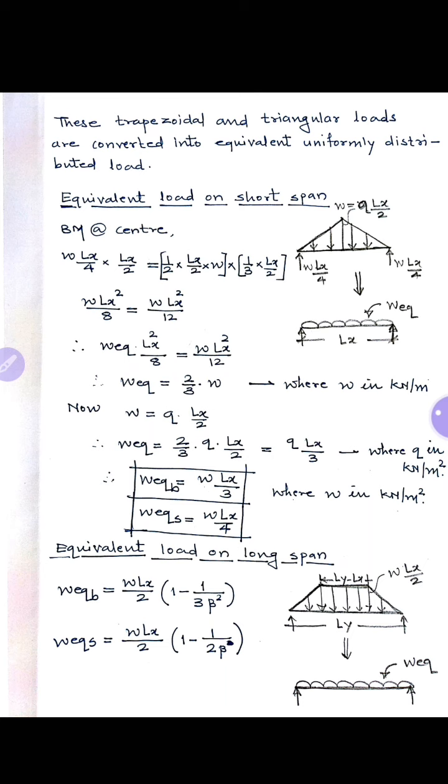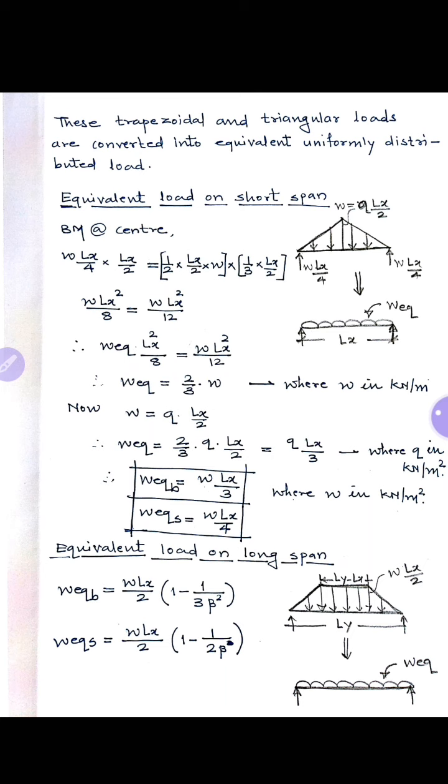In the same way, we have to consider shear force at center, equated to the shear force at center of the equivalent uniformly distributed load beam, and thus we will get the equivalent shear force load, which is W Lx by 4. I have not carried out the derivation for that shear here. Nor have I derived this equivalent load for trapezoidal loading.